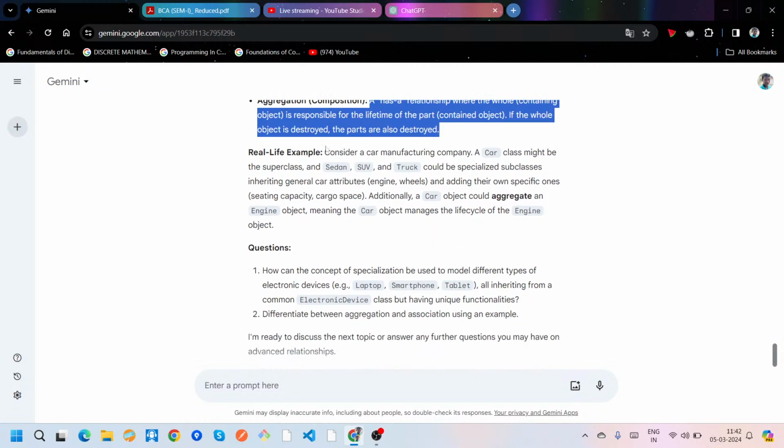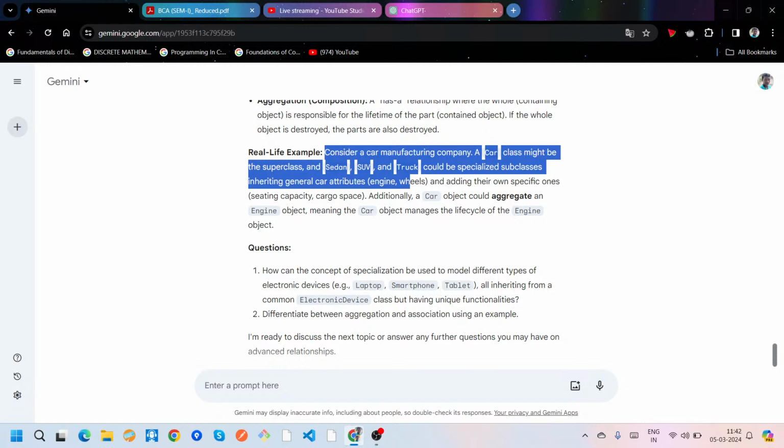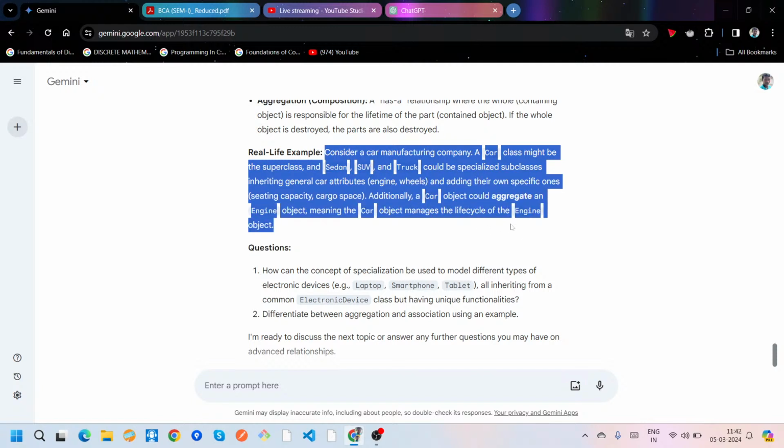Let's take a real life example of it. Consider a car manufacturing company. A Car class might be the superclass, and Sedan, SUV, and Truck could be specialized subclasses, inheriting general car attributes like engine and wheels, and adding their own specific ones like seating capacity and cargo space.